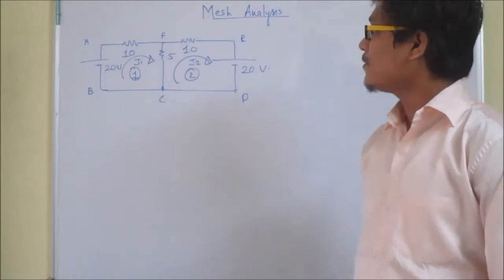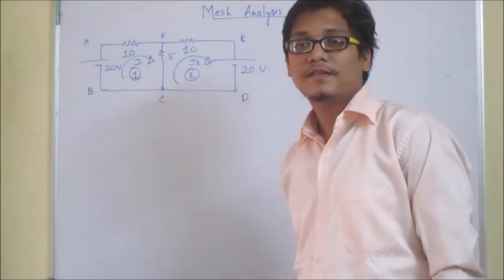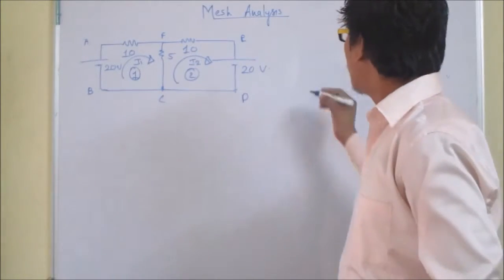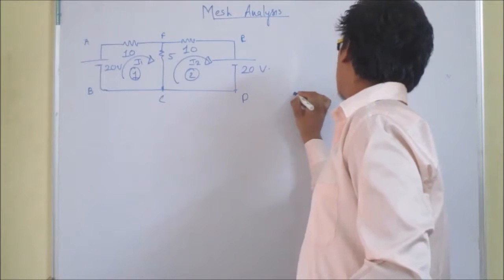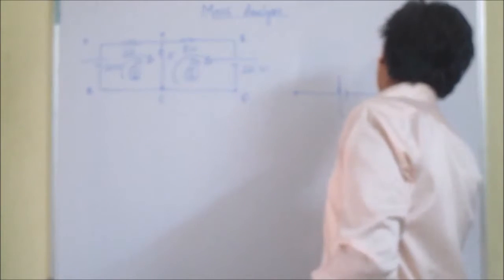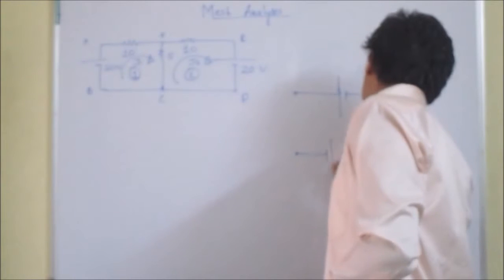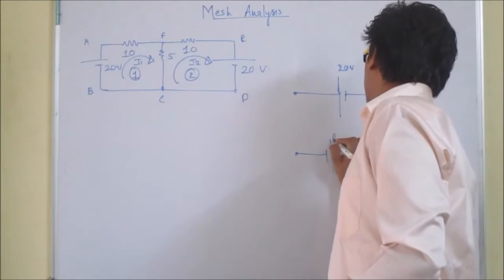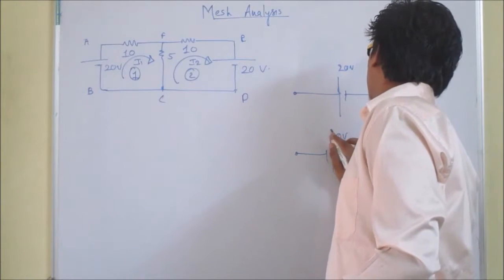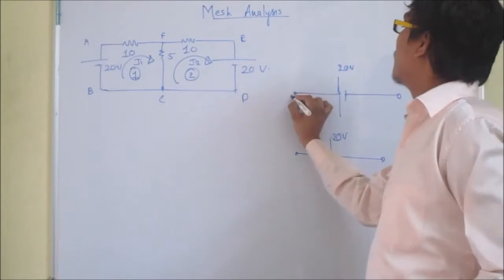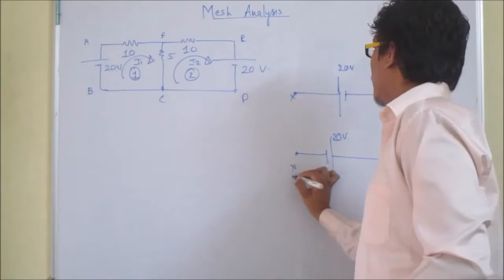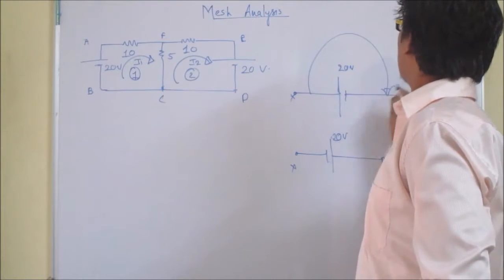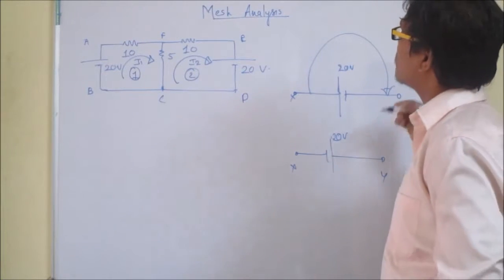Now before proceeding in this section, I would like to make you familiar with certain terms that you know already from earlier sessions. This is a 20-volt battery. Now X, Y. If I want to move from X to Y, is there any potential drop or potential gain?